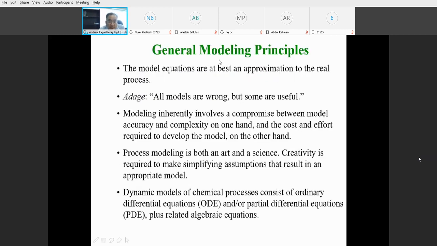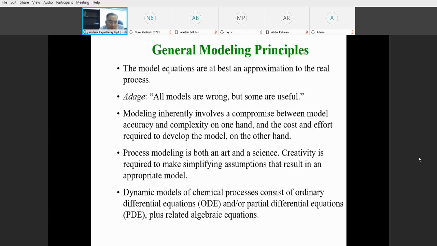So the general modeling principles: we're talking about the model equations being at best an approximation to the real process, where we say that all models are wrong, but some are useful. So the second point here, when you say that all models are wrong, but some are useful, the view is that you come up with a model based on certain assumptions.